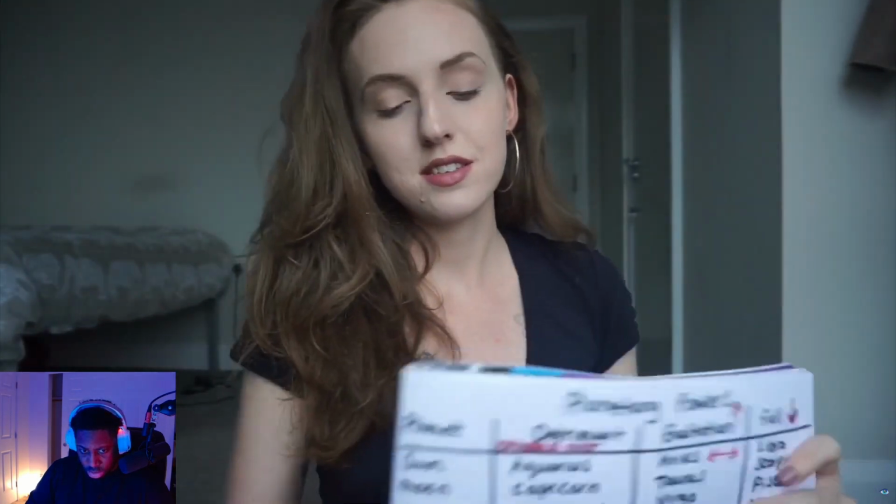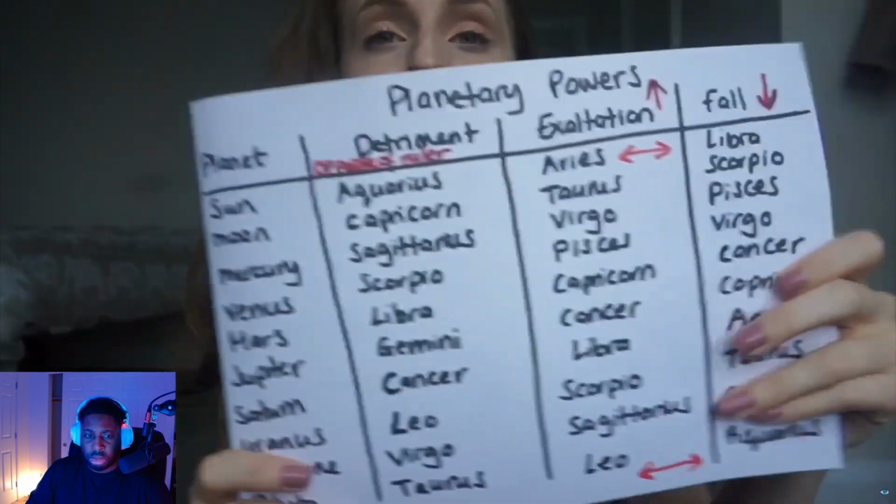So after creating for yourself some sort of table or diagram, whatever system you have of being able to remember all of that, then we're looking at the planetary powers, so addressing detriment, exaltation, and fall. And I've made this little table here as well.